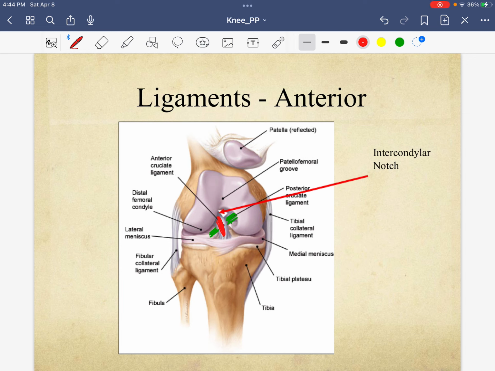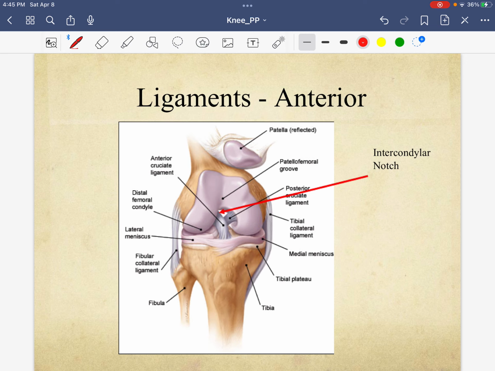But it does happen. All right, so those are the basics of our first set of ligaments. The anterior and posterior cruciate form an X in the center of the joint, and they prevent excessive anterior and posterior translation of the femur on the tibia.